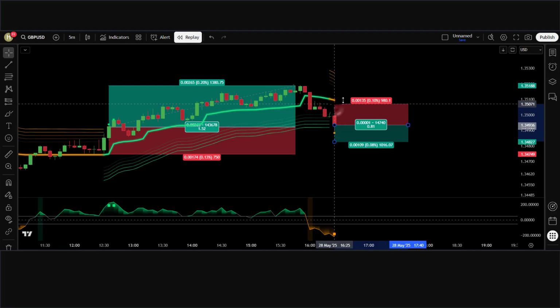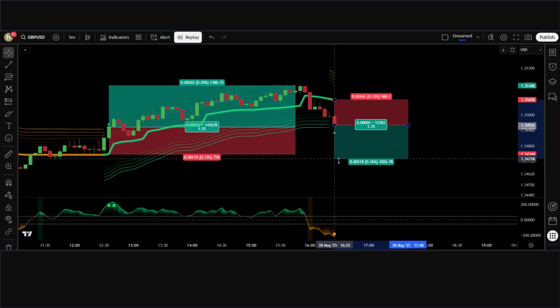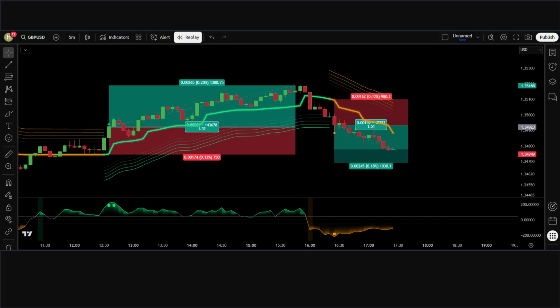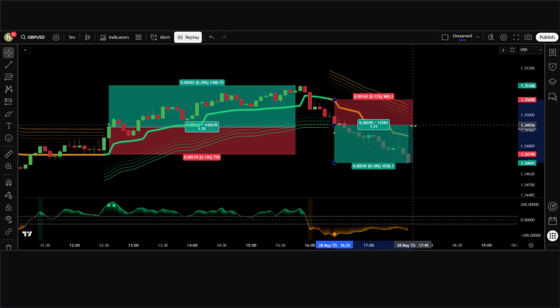Our stop loss will be placed at the base level of Dynamic Flow Ribbons. And the risk to reward ratio will be 1:1.5. The market has completely hit the target.